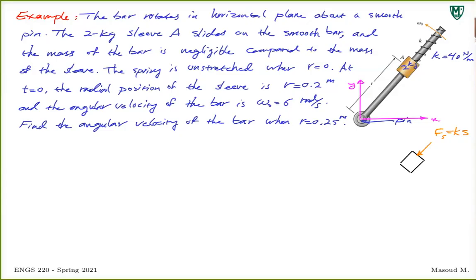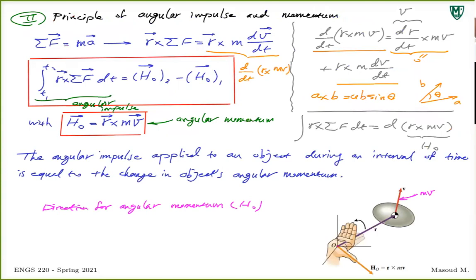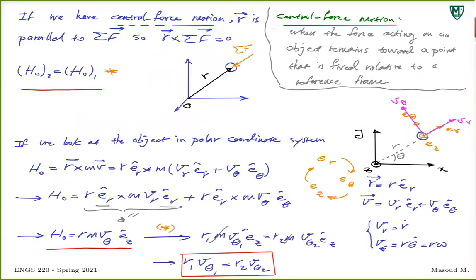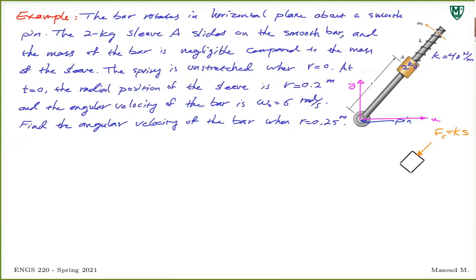Since we have a central force motion, instead of this big equation, we'll just go into this one. And the whole idea is that angular momentum is constant during the motion. So let's start from there. Central force motion.